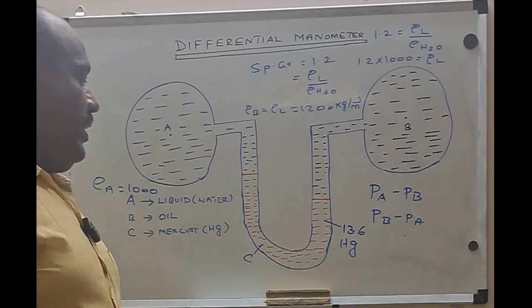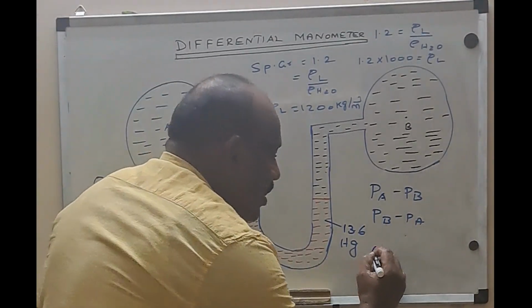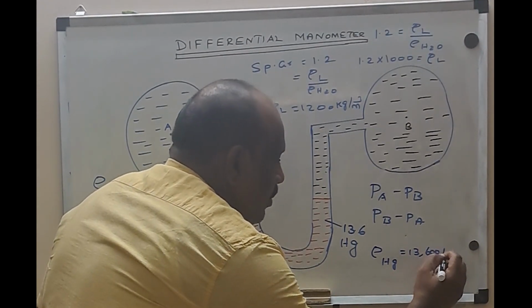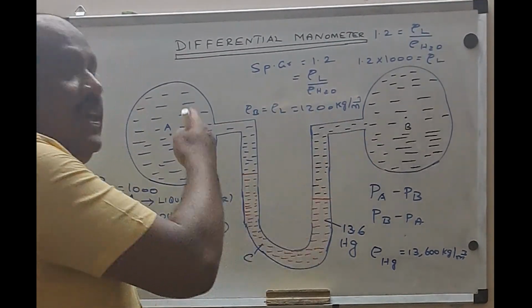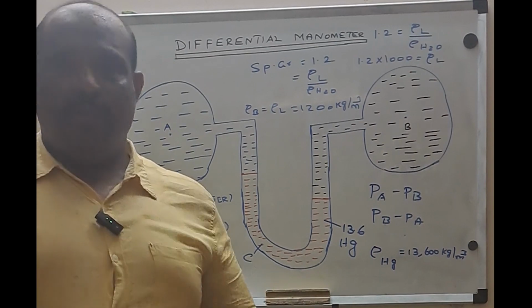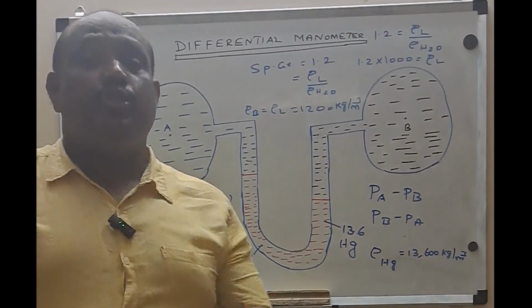This mercury has a specific gravity of 13.6, which means its density is 13,600 kg per meter cube. Compared to the other two liquids, its density is very high, nearly 10 times higher than both the liquids.